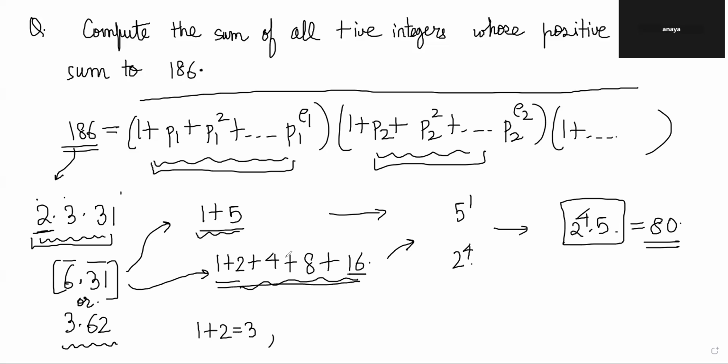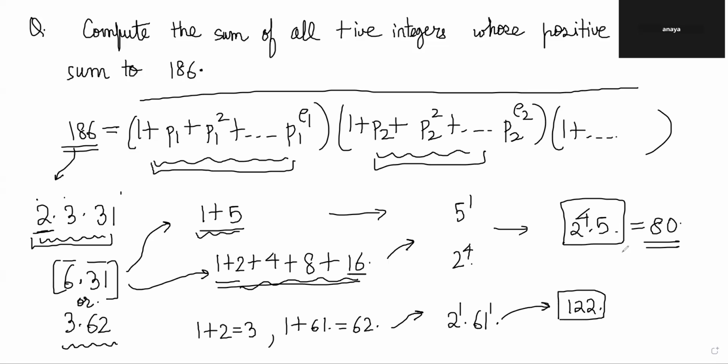I don't think anything adds up to 62 other than 1 and 61. Is that right? 1 and 61? Okay, yeah. 61 is a prime. So 1 plus 61 obviously will work. So then the power of 2 is 1, and the power of 61 is 1 too. So 122 is the other number.